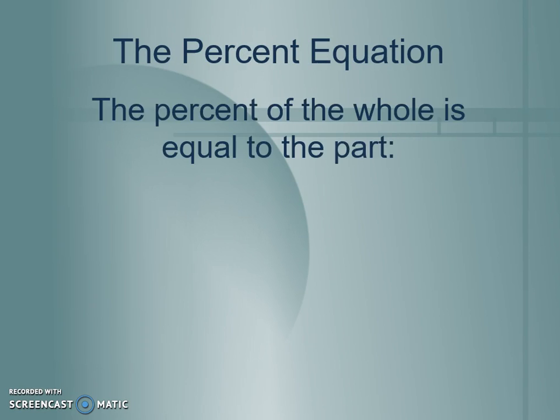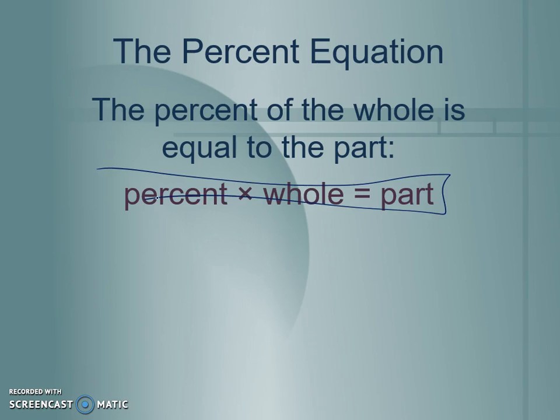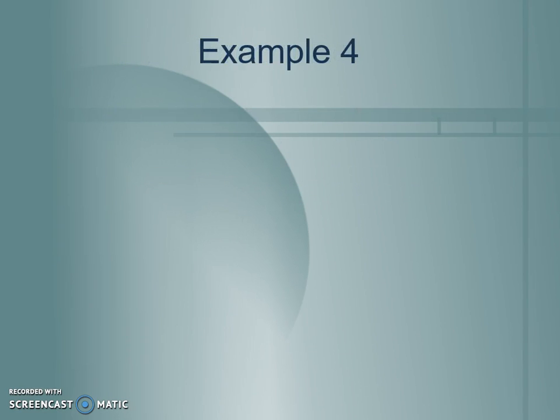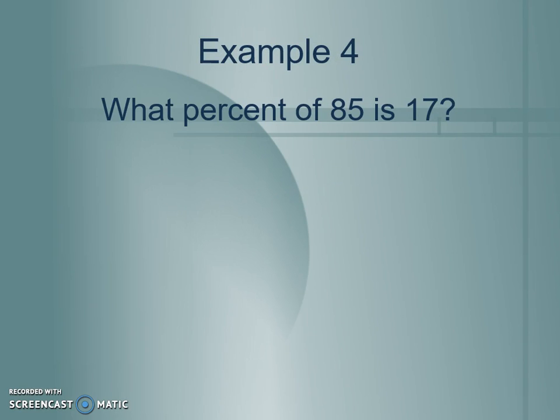So the percent of a whole is equal to the part. And that's what this says right here. Percent of the whole, or percent times whole, equals part. This is our percent equation. Example 4, what percent of 85 is 17?